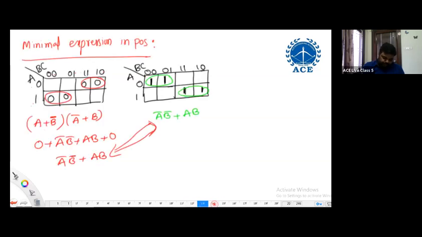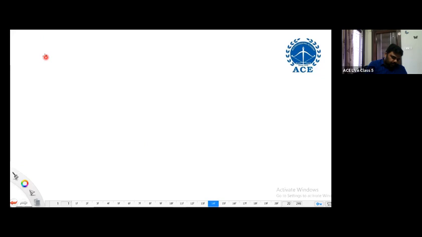Moving to next slide. Find minimal expression in POS first, then SOP also.